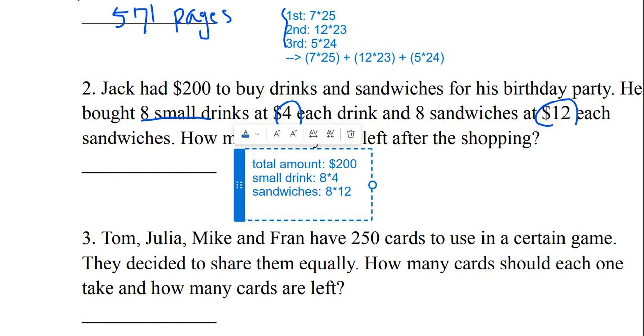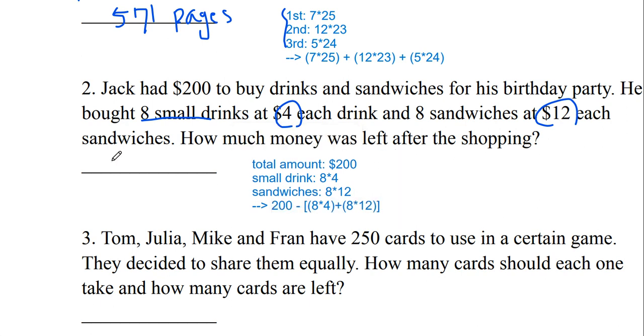So what you can write is 200 minus, in brackets, 8 times 4, and then you have to add, because you're buying drinks and sandwiches, 8 times 12. And if you put this into a calculator, then you should get $72 left.